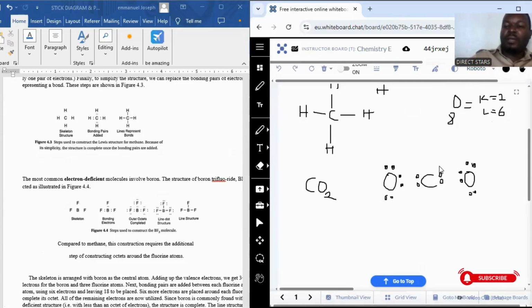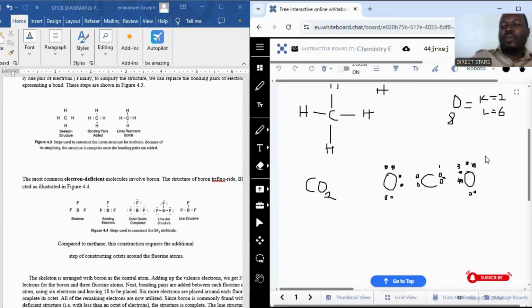Same thing applies here. 1, 2, 3, 4, 5, 6, 7, and 8. So that makes oxygen stable now. And carbon also has become stable because when you count from here, 1, 2, 3, 4, 5, 6, 7, 8. Carbon is now stable.